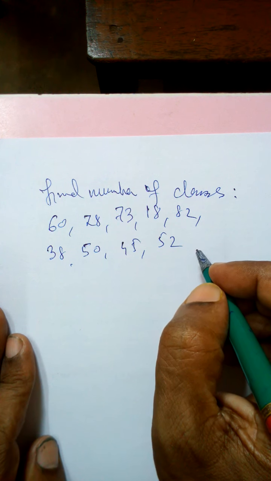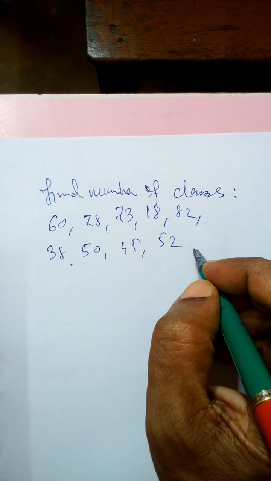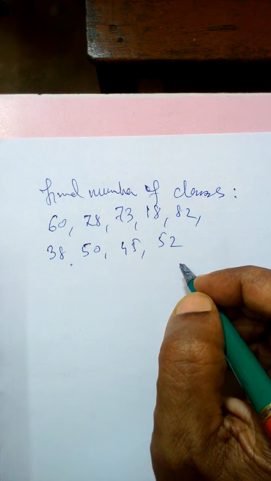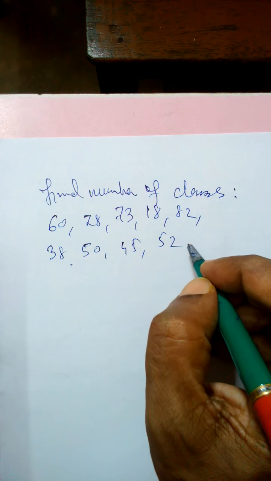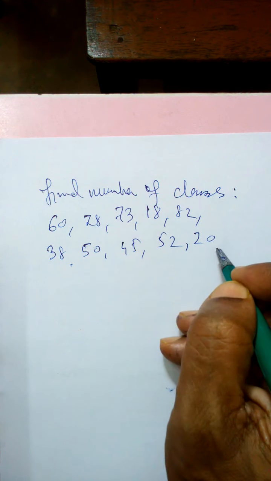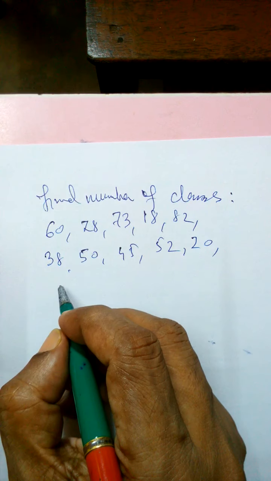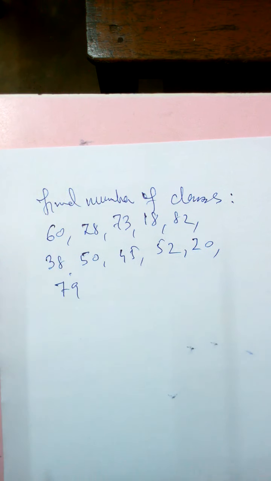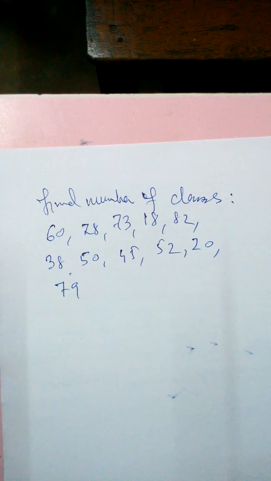This way figures are given. One more data, 20, and suppose 79. Now first thing, what is the range of the data?